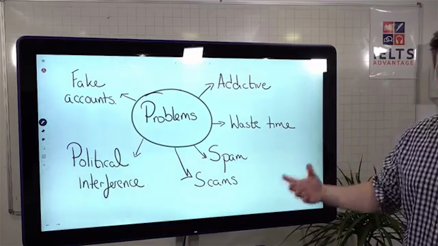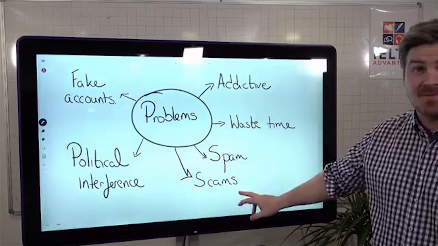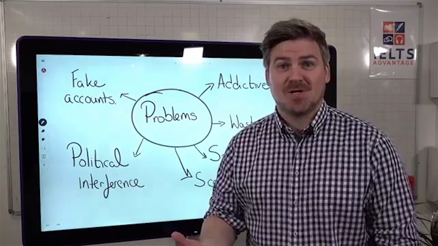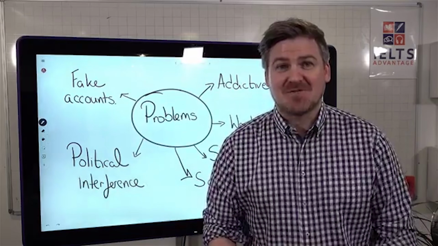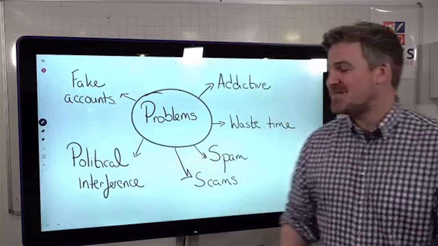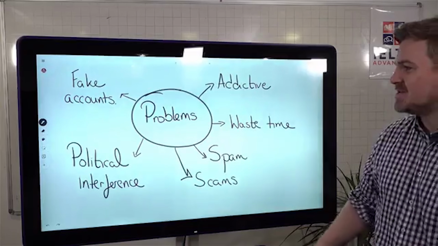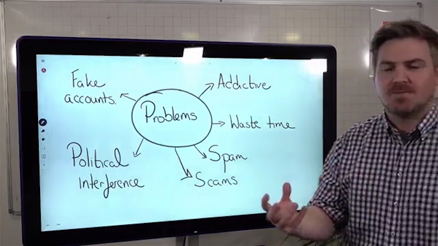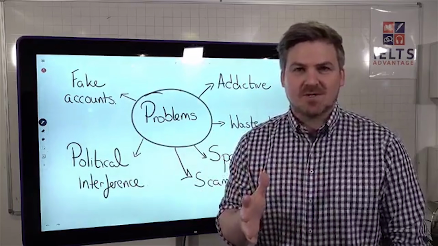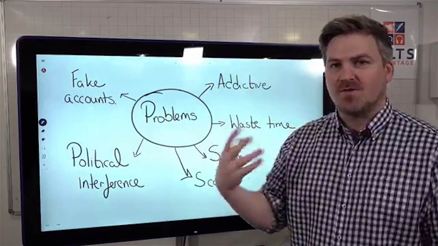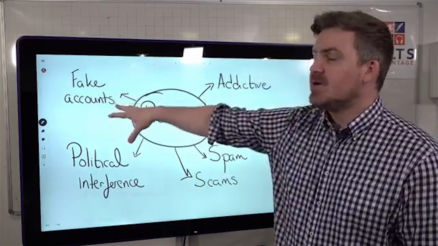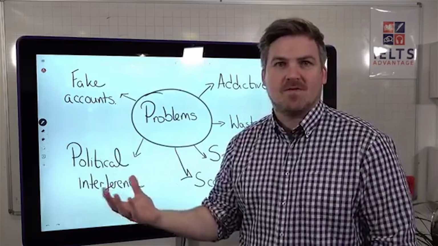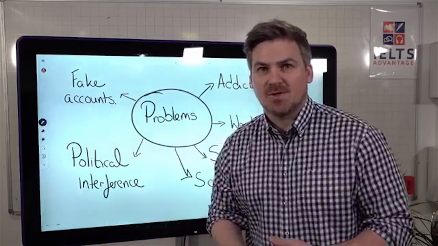People are spamming you all the time. There's a lot of scams on social media. In the IELTS industry, people trying to sell you certificates, or all those sorts of scammy things related to the IELTS industry. And political interference. You'll often get people trying to get you to vote a certain way or influence the way that you think politically. And there are a lot of fake accounts. There's a huge number, millions and millions of fake accounts on different social media platforms.